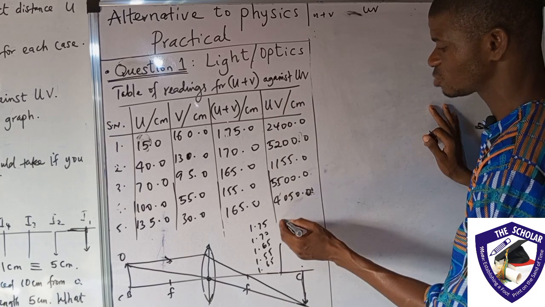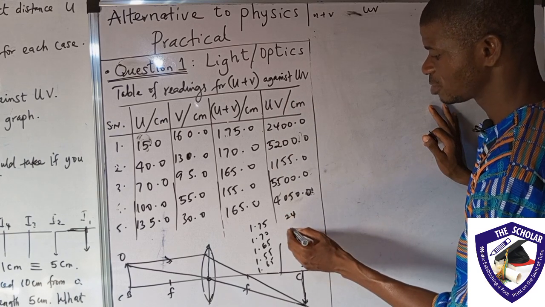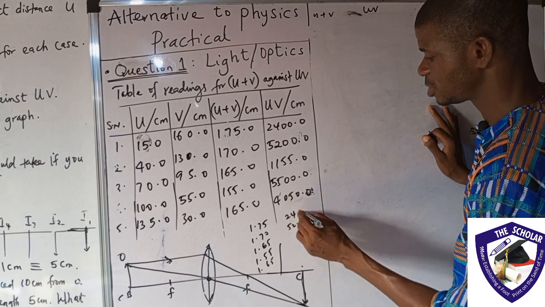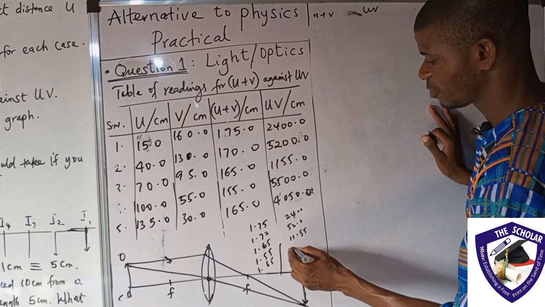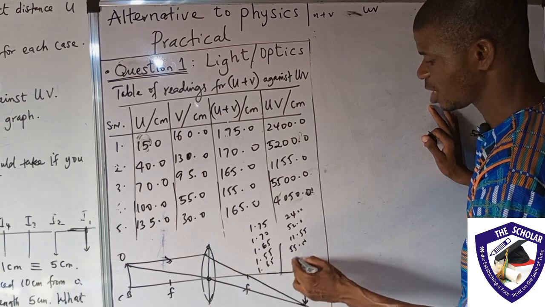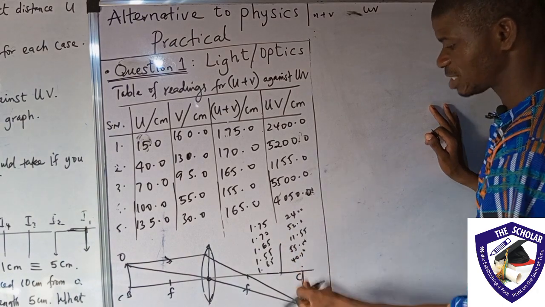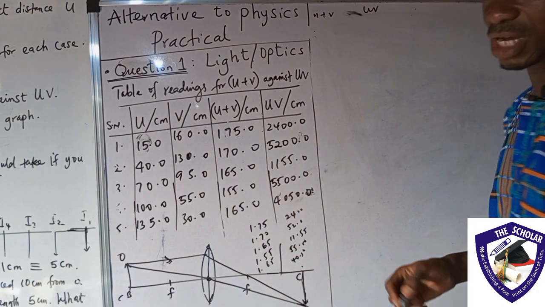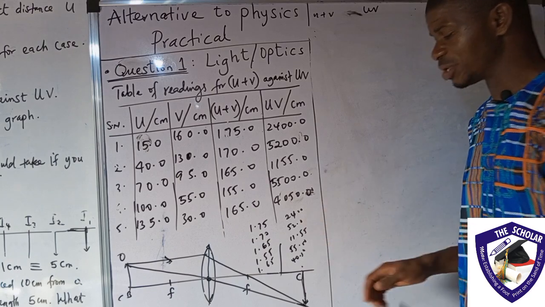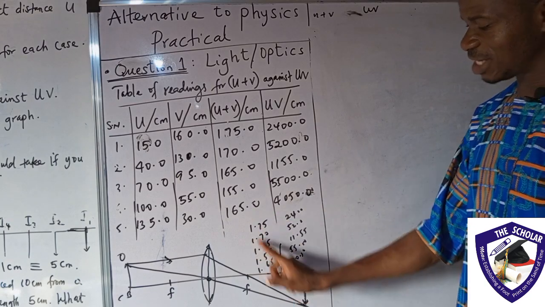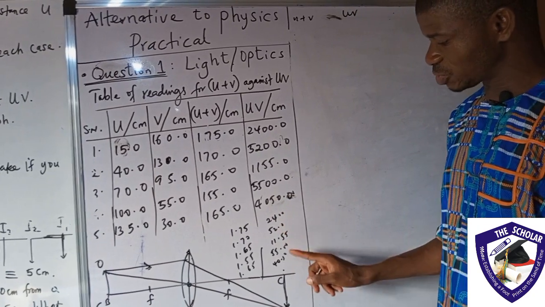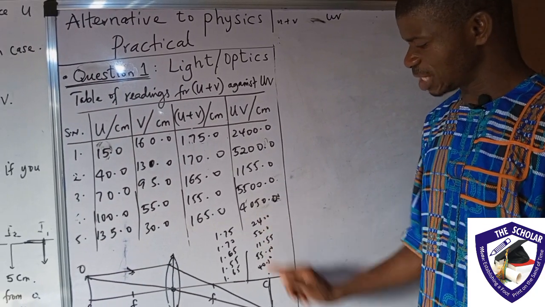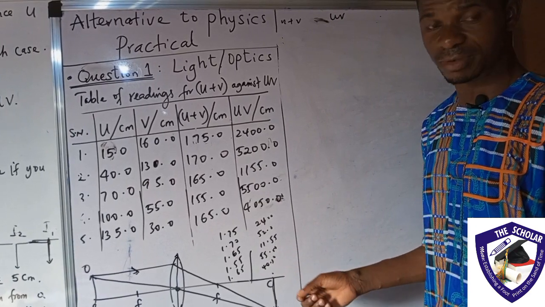If you do the same thing here, we have 24.52, 11.55, 55.00, and 40.50. At least this is within what you can reckon with. From what I have, you see that everything is less than 2, while this one is 24, 52, 11. So everything here is just within the range of 60.